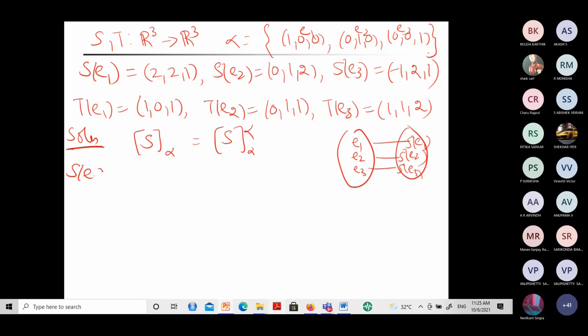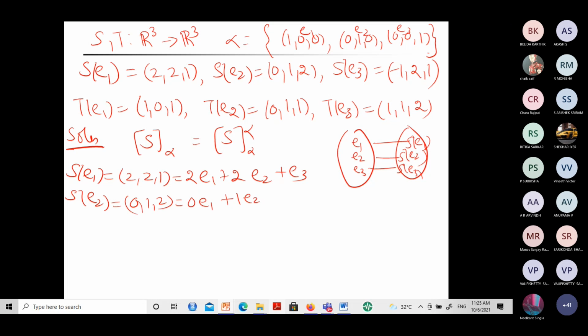Given S of E1 is 2, 2, 1, so it is 2 times E1, no change, very simple one. S of E2 is 0, 1, 2, so it is 0 E1 plus 1 E2 plus 2 E3.